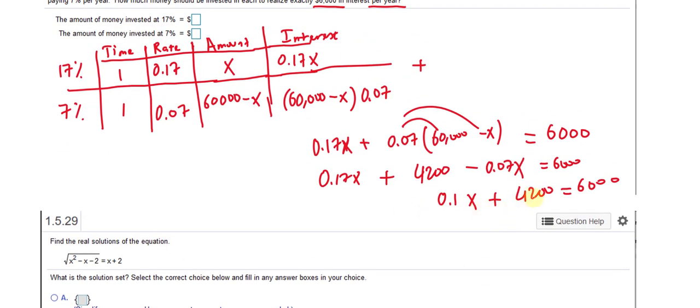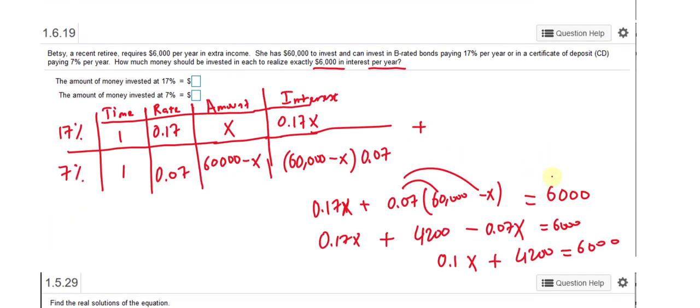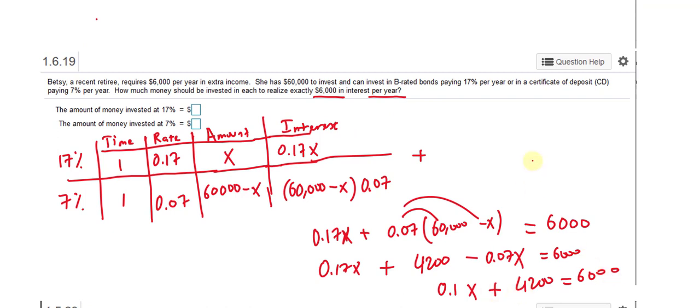And now let's subtract 4,200 on both sides. Then I should get 6,000 subtract 4,200, which gives me 1,800. And then you can divide both sides by 0.1, right, to get X to be 18,000.